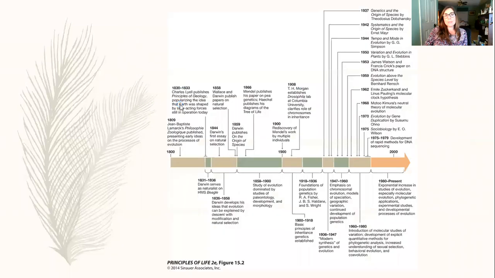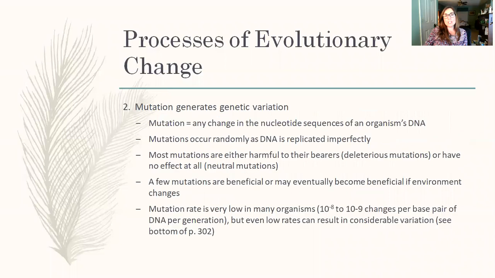And the second process of evolutionary change that your book is going to talk about is this idea of mutation. So how mutation generates genetic variation within populations. Yes, natural selection has its part in changing the genetic makeup of a population from one generation to the next, but those variations are generated by mutation.